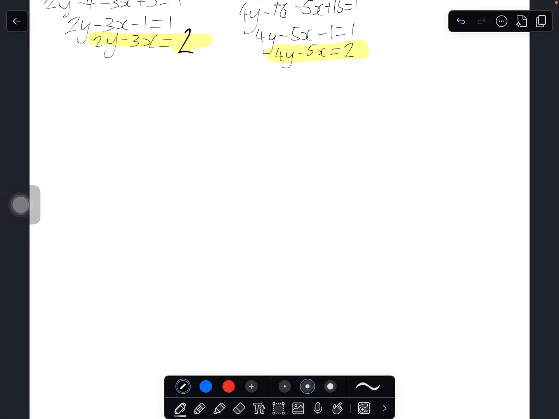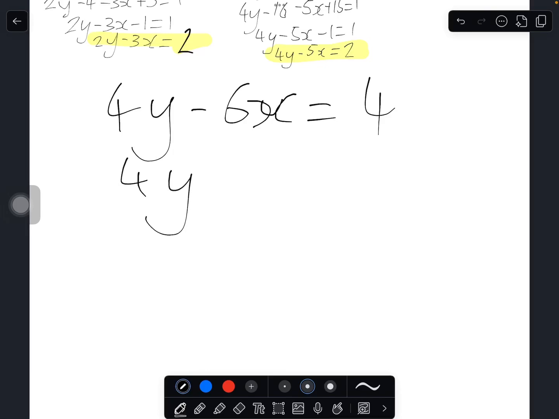Now in this different form, they're way easier to work with. So we can convert this 2y minus 3x into 4y minus 6x equals 4. Then we keep the other equation the same. The reason we did that is because we want the coefficients to be the same. 4y minus 5x equals 2.